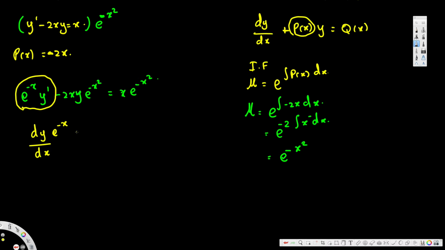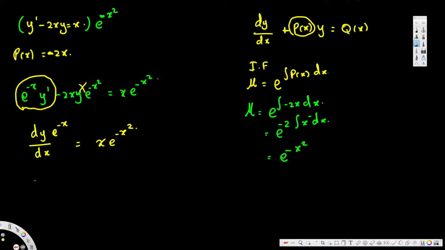And that's why we don't have to worry about the second part. After multiplying by the integrating factor, we always get rid of this one. When you do more problems you will get to know this. We just take the first term and equate it to x e to the power negative x squared.